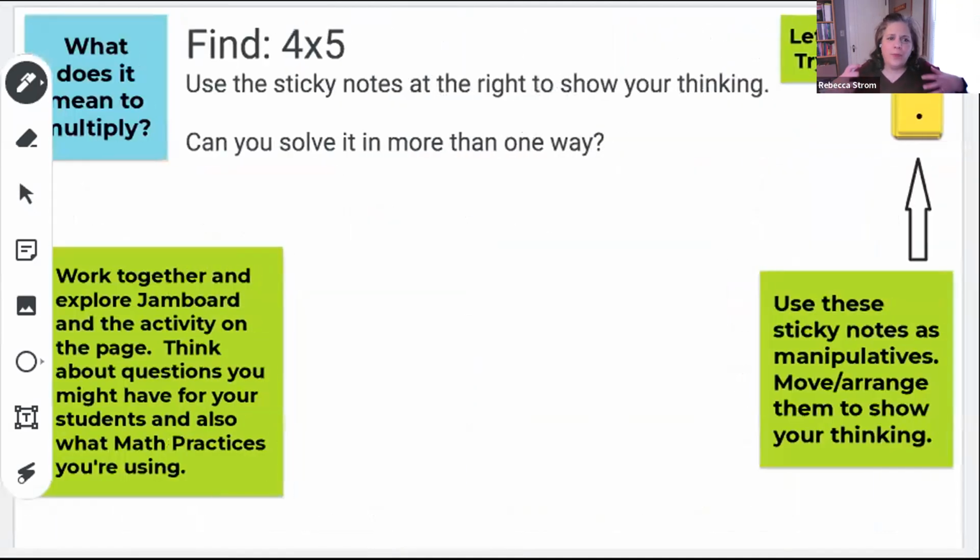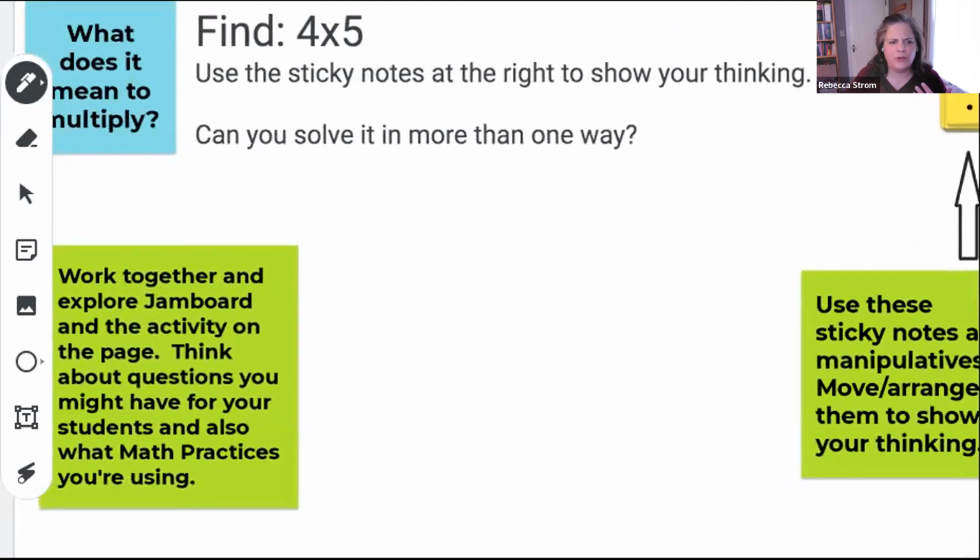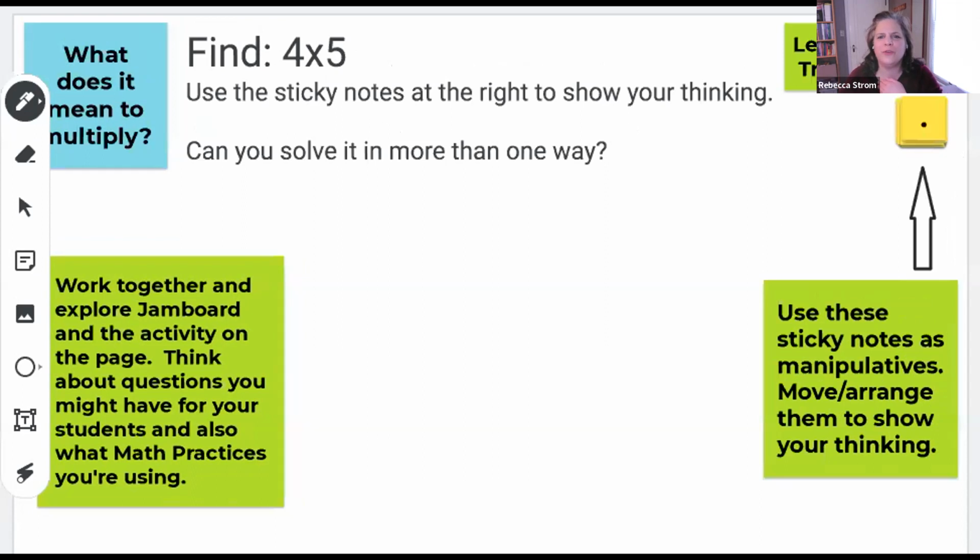All right, so let's start with this one. These are activities I have done with all of my students. What does it mean to multiply? Often when I ask my students this, their first answer is... what do you predict? Let me ask you, what do you think your first answer is going to be when we ask our students, what does it mean to multiply?